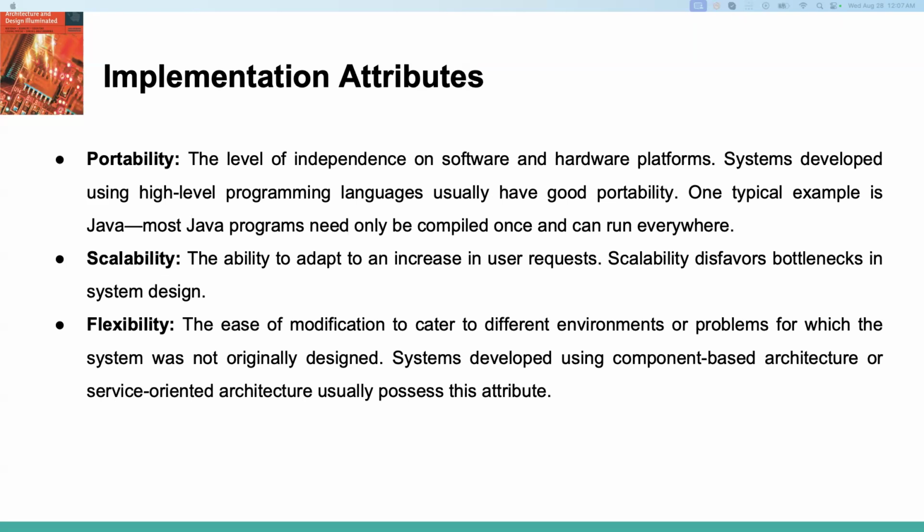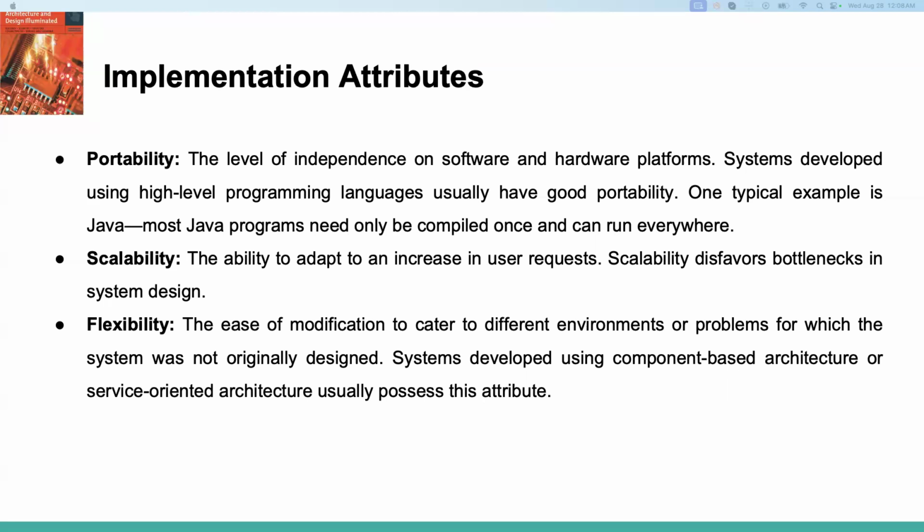Next is scalability, the system's ability to handle more and more user requests without breaking a sweat. It's like adding more lanes to a highway to prevent traffic jams. Good scalability means avoiding bottlenecks in the system, ensuring smooth operations as demand grows. Lastly, there's flexibility, how easily your system can adapt to new challenges and or environments it wasn't originally designed for.